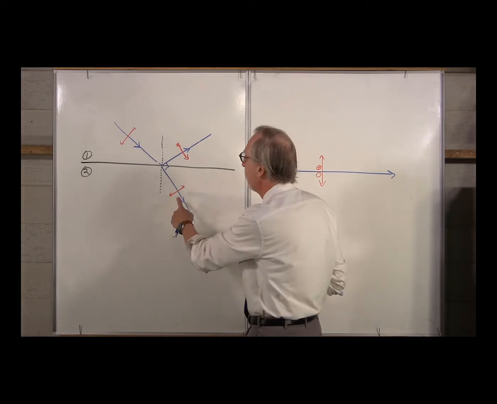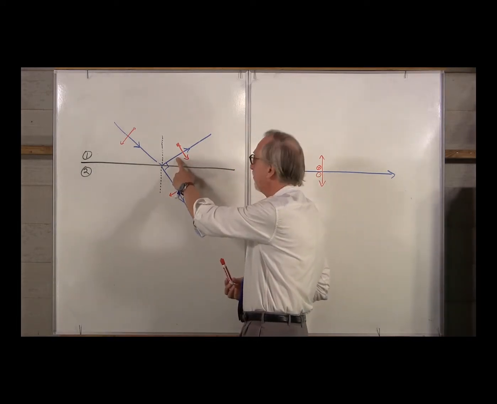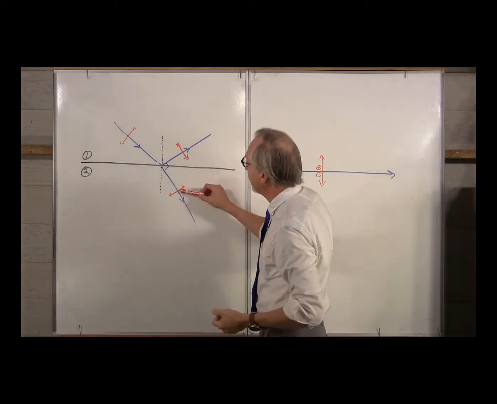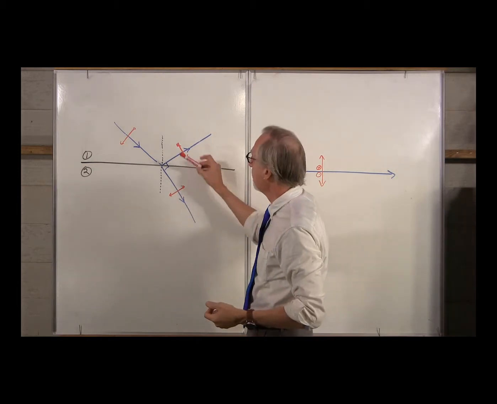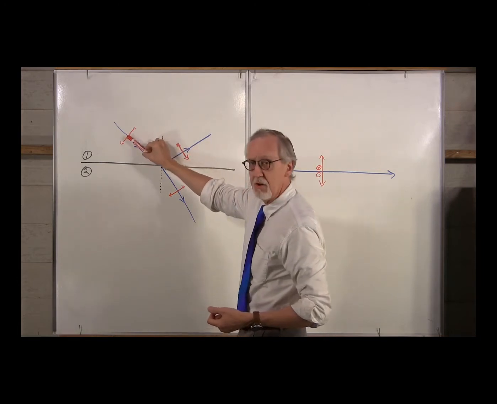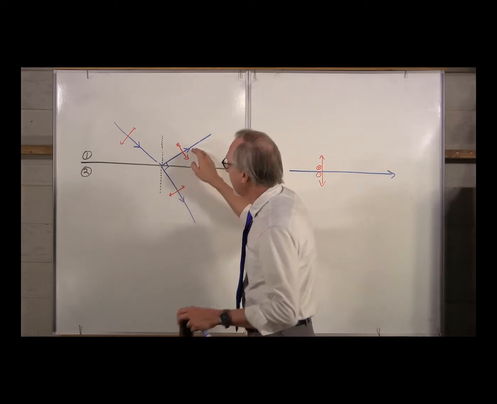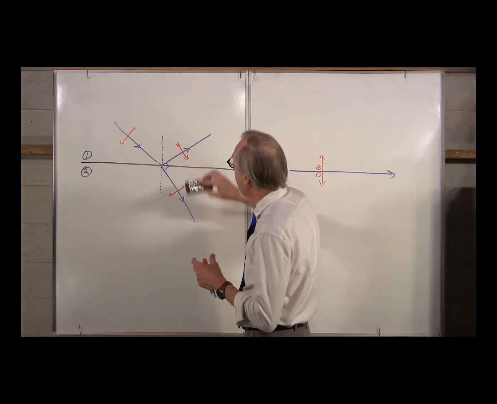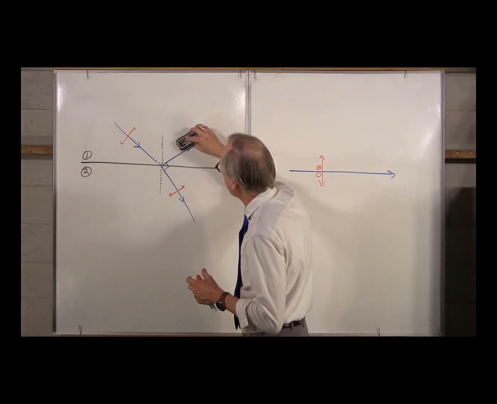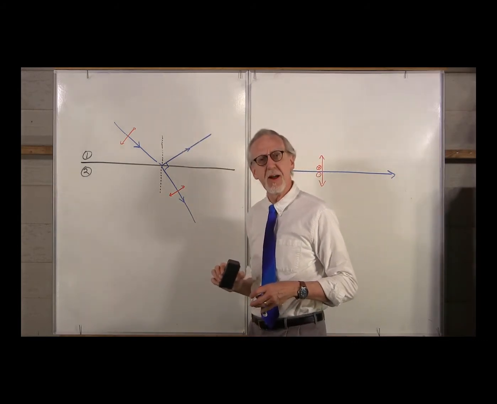But we know that this electric field must be perpendicular to this direction. That means this electric field can have no component in this direction to cancel it out for this ray. The bottom line is that this ray cannot have any electric field in that direction that corresponds to the direction of the refracted ray.